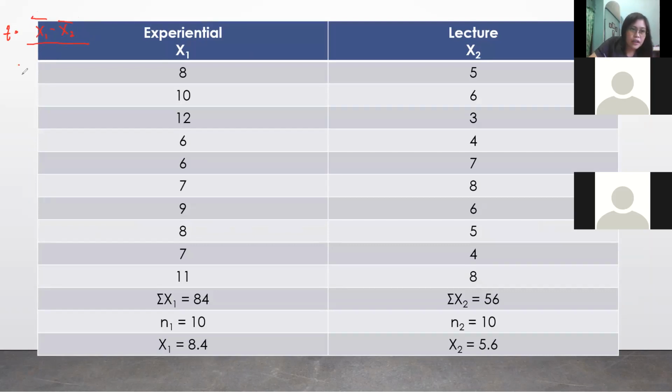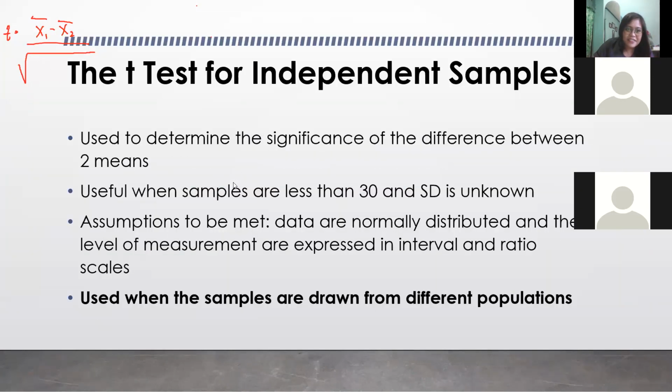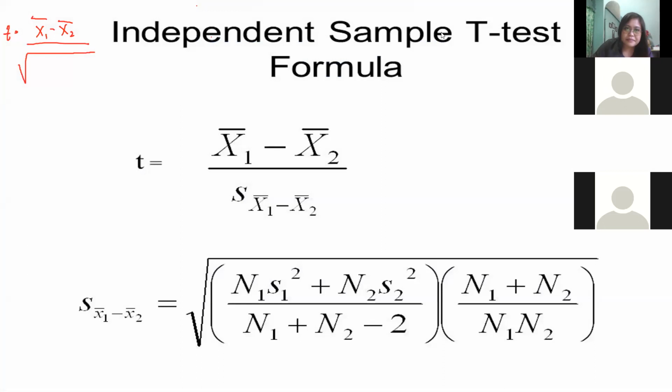Pero, again, i-dugtong nato dire. So, that's N1 S1 squared plus N2 S2 squared divided by N1 plus N2 minus 2, times N1 plus N2 divided by N1 times N2.